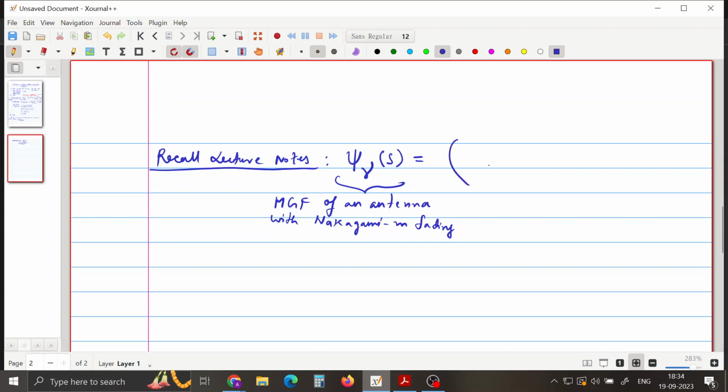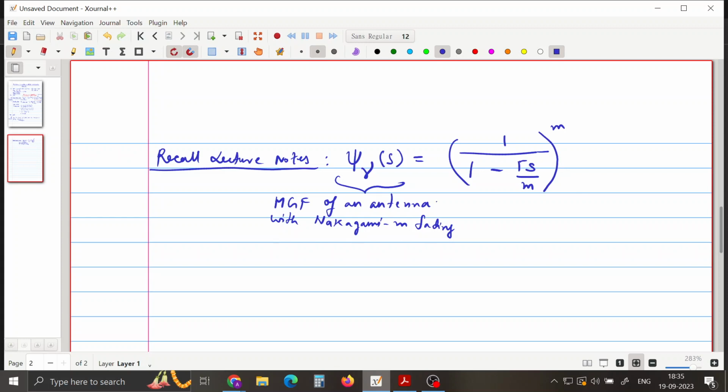And that is given by, we have looked at it, 1 divided by 1 minus gamma times s by small m, whole raised to the power small m. Do you recall this?